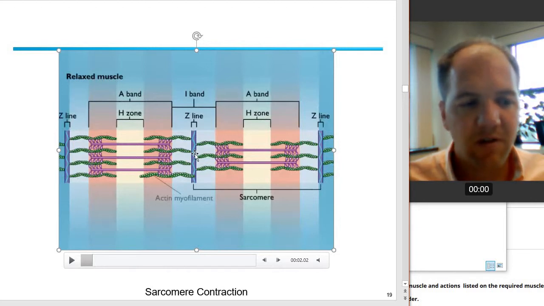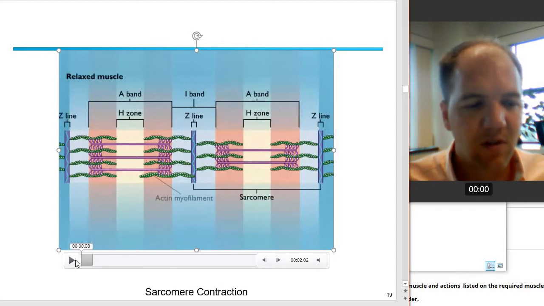And the sarcomeres are made up of myofilaments called actin and myosin. Here's the actin, in this case colored green. That's the chain of beads. We have all these little actin units attached to the Z line. And then we have the myosin, which is the thick filament with all the golf club heads pointing in all directions, overlapping the actin in both sarcomeres here.